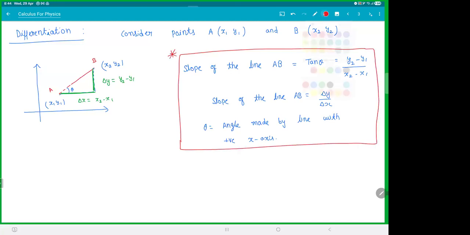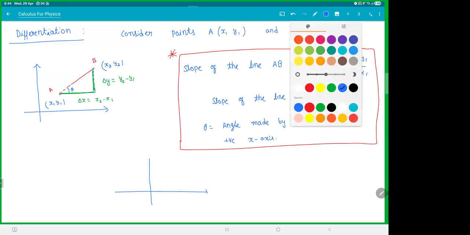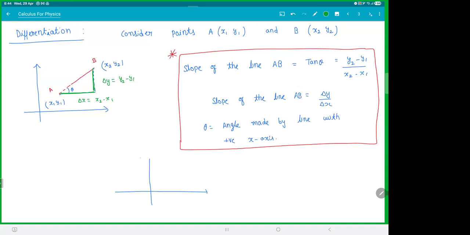Important stuff. Just to give a little more examples, suppose if you have a line like this, and if this is your angle, 120 degrees, so be careful, the angle should be always measured with the positive x-axis. The slope of this line is tan 120, minus root 3.